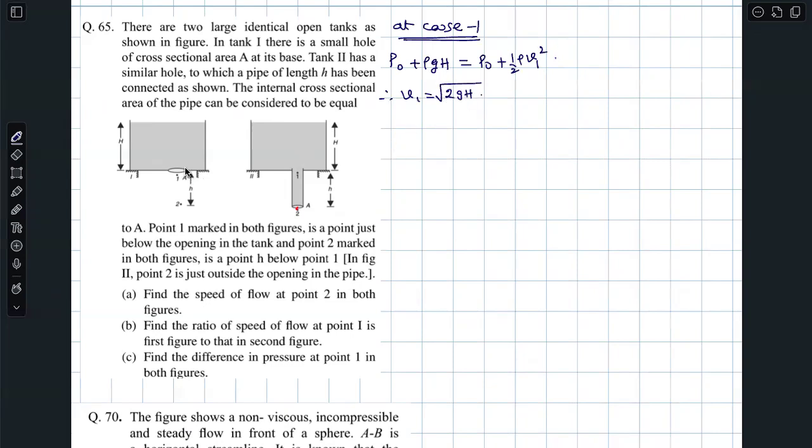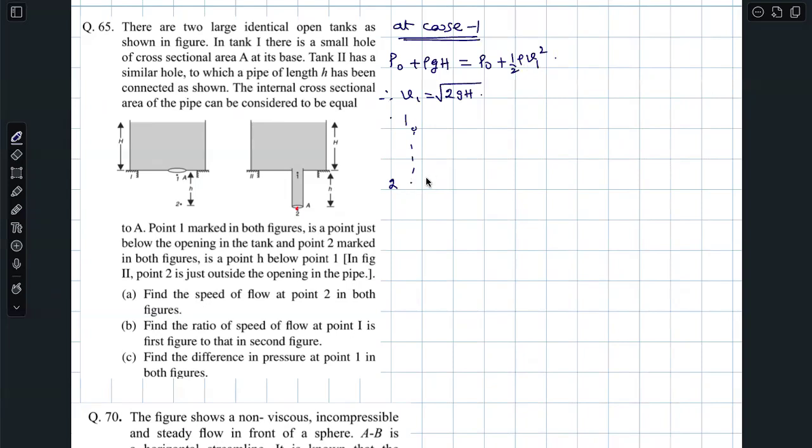Also, you said the area of cross section is A here, right? And one more important point is, if you see at 1 and 2, mostly the pressure is the same.